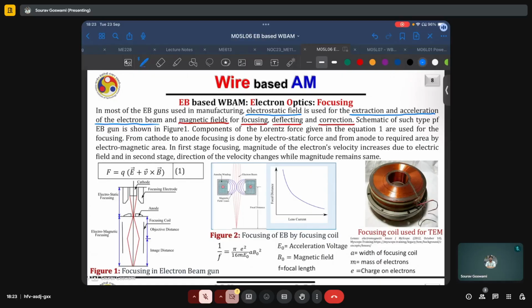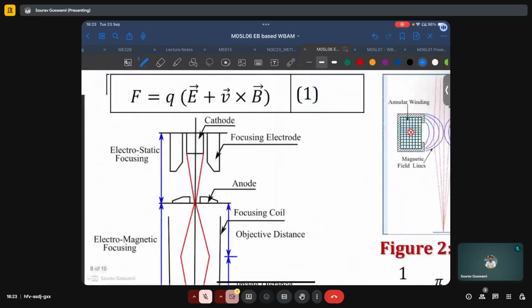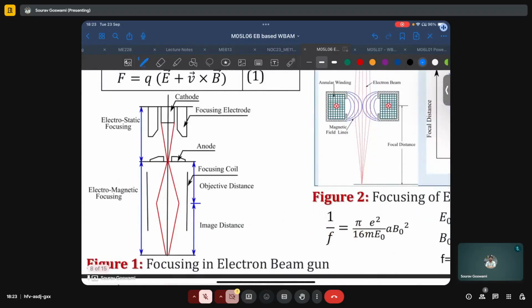A schematic of such a gun is shown here on the bottom left, where we have the cathode from which the electrons are emitted. This red beam is indicative of the beam of electrons. We have a focusing electrode, which is focusing and directing it using electrostatic forces, as we can see here.